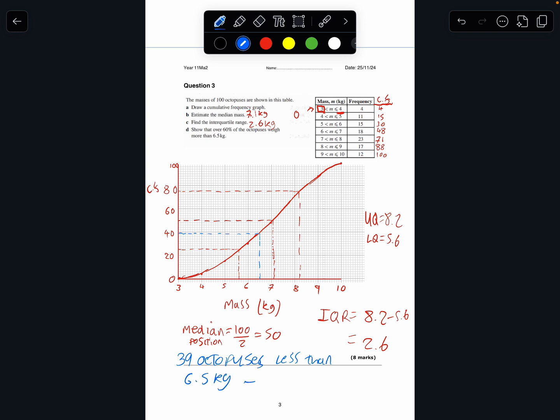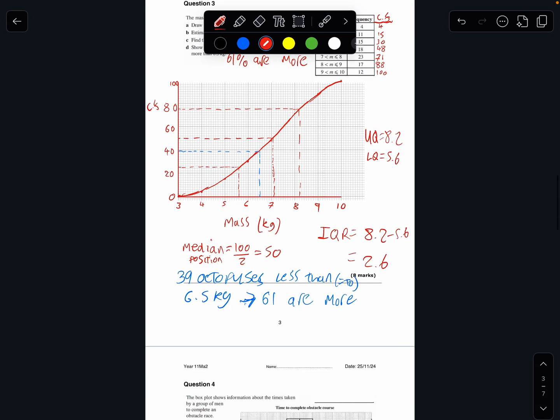So this must mean that 61 or more weigh more. 39 or less than, technically, or equal to 6.5. That means 61 or more than that. And since there's 100 octopuses, this here is 61% or more. Okay, once again, 62, 63, somewhat viable. I'm getting 61%.